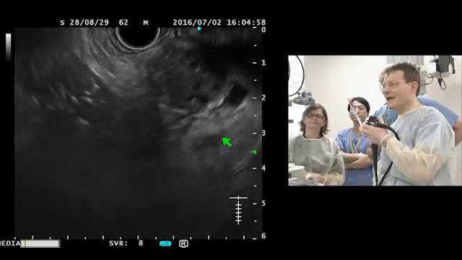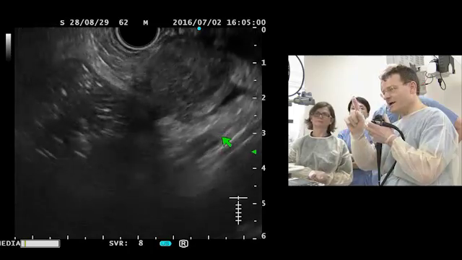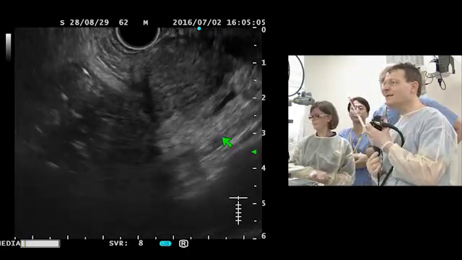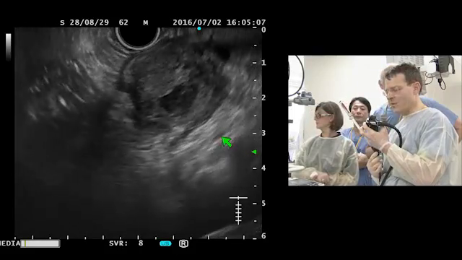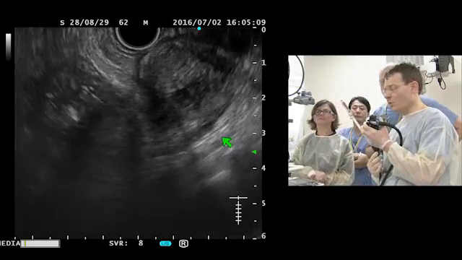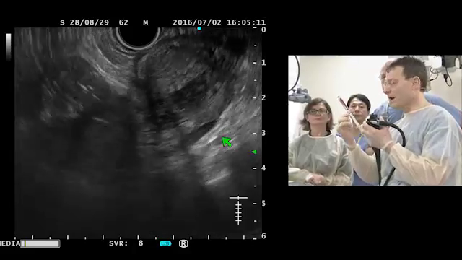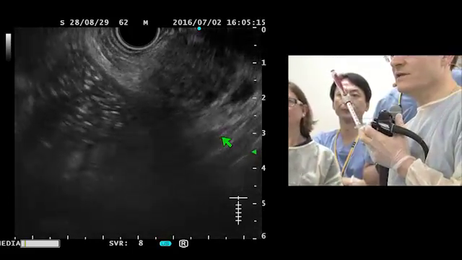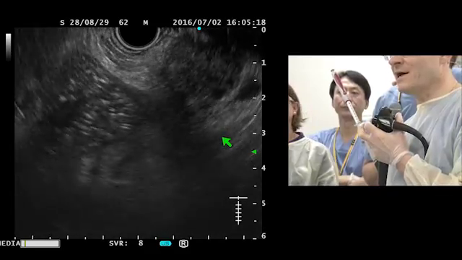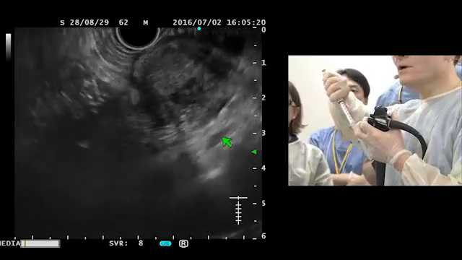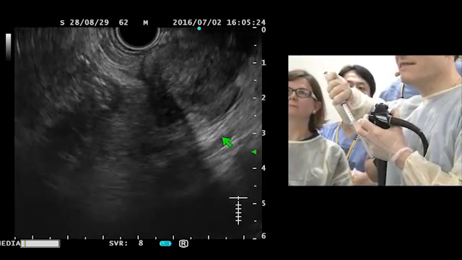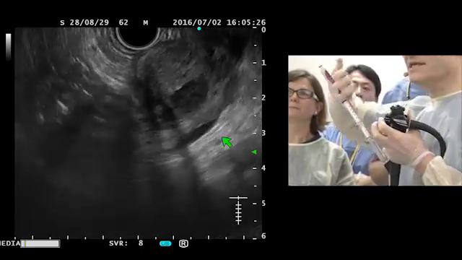Now you see the blue dot. In this area my needle will come out. And now I fully open the elevator. Now I release the fixation of the needle. And now we will look how the needle comes out, and you see the needle is there, so the needle slips a little bit in this area.